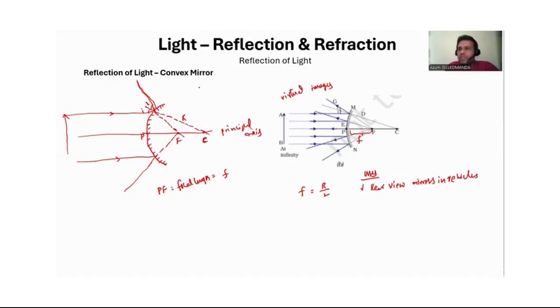Convex mirrors are used as rear view mirrors on the side of the vehicle. In that mirror, if a vehicle is behind us, we can see it in the mirror. Okay, so that we will learn in the next session, what size of image and where it appears.